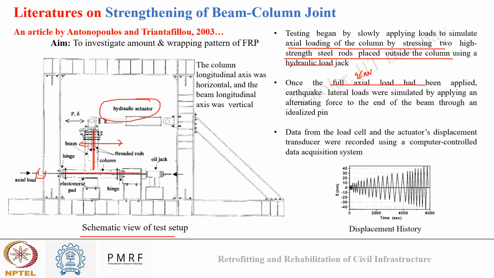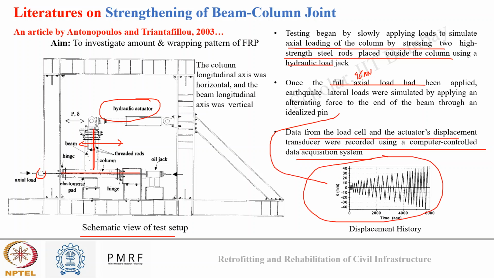The data of the deflection of the beam was collected using the load cell and the actuator displacement. They were recorded using a computer controlled data acquisition system. This diagram shows how the displacement was provided for simulating seismic activities.